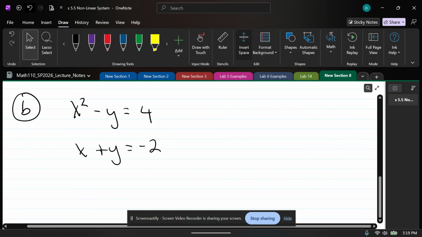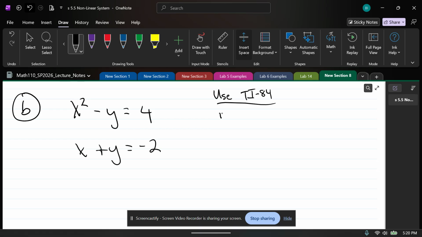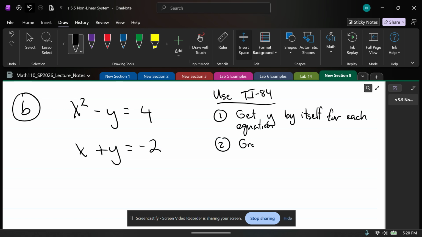I'm going to use the TI-84. Number one, I'm going to get y by itself for each equation. Number two, I'm going to graph. Okay, so let's do those two things.